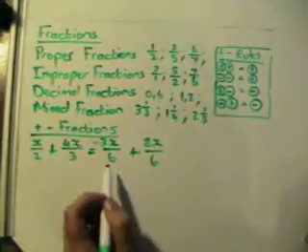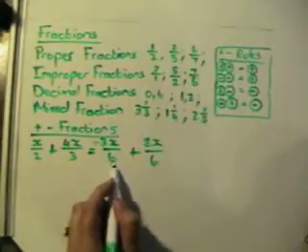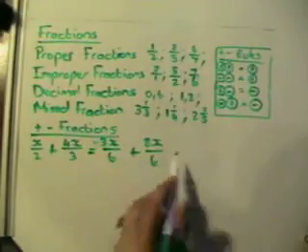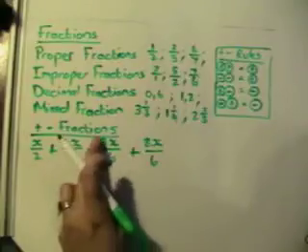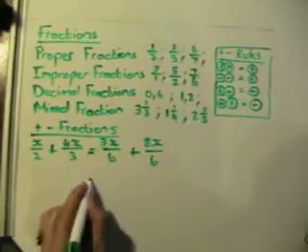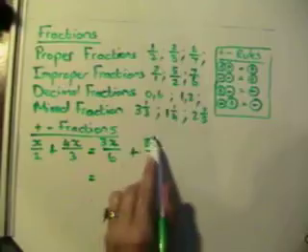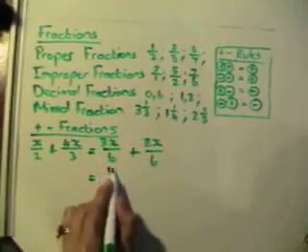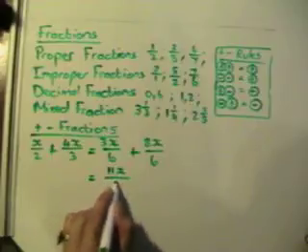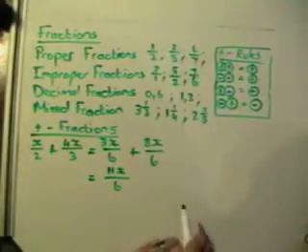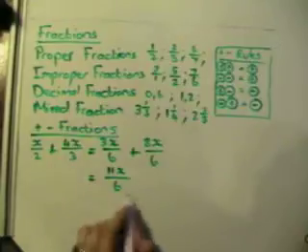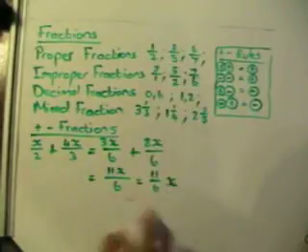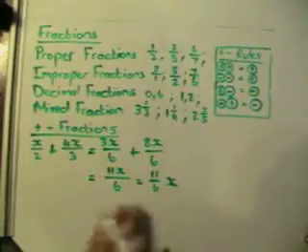And then I have 3x over 6 plus 8x over 6. I'm going to do exactly the same as what I did in the previous example. Now I just add the numerators, which is 3x plus 8x is 11x, and I keep my denominator the same. Right, and you can write this as 11 over 6x or 11x over 6, same thing.